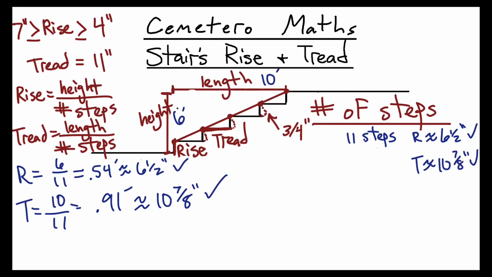So we're good. With the non-typical flight of stairs with a height of 6 and a length of 10, we would need 11 steps to get really close to what we need to complete this job. And this is how I calculate non-typical stair layouts for us cementeros.